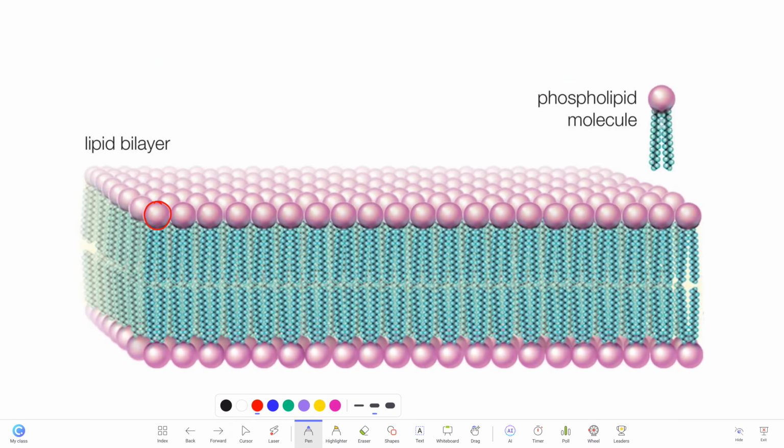So this is one layer. These are the tails. Do you see that? See, two layers. And what do you call this? Phospholipid bilayer. What is it? Phospholipid bilayer. Name the three molecules of cell membrane.